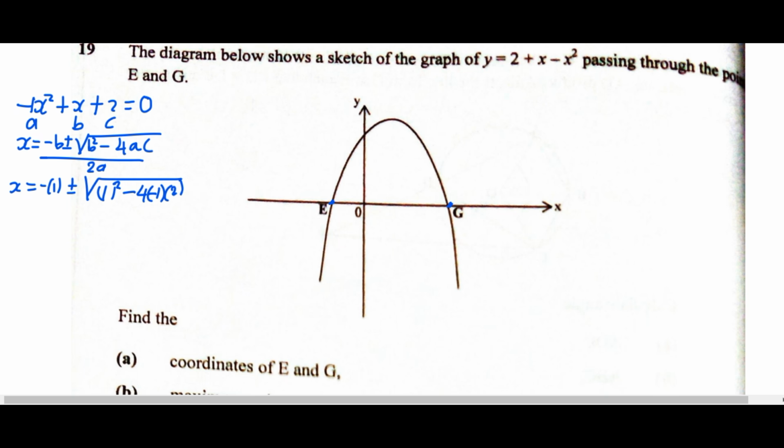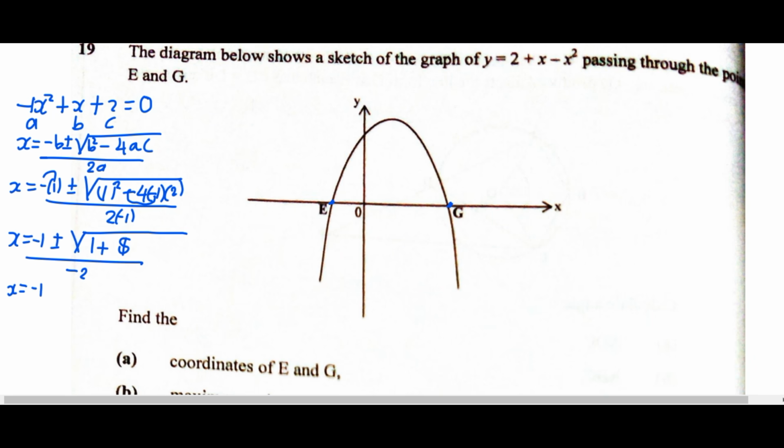Then c is 2, over 2 times negative 1. So negative 1 plus or minus the square root of 1 squared is 1, then negative times negative we have positive, 4 times 1 times 2 we have 8, over negative 2.